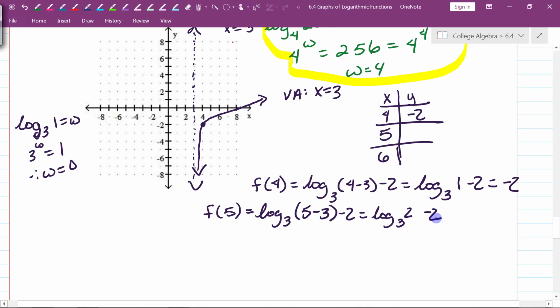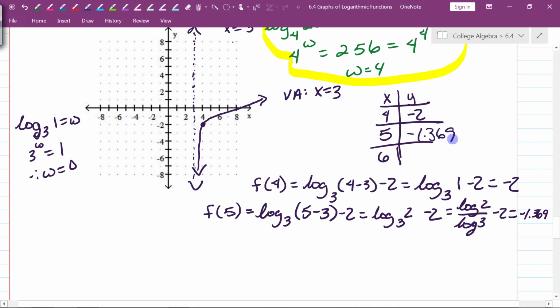And so this is simply log base 10 of 2 divided by log base 10 of 3, minus 2. And when you punch that in your calculator, you're going to get negative 1.369.